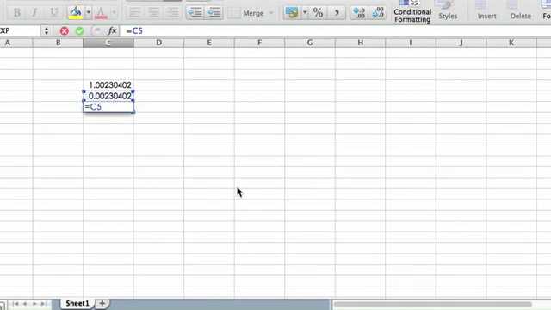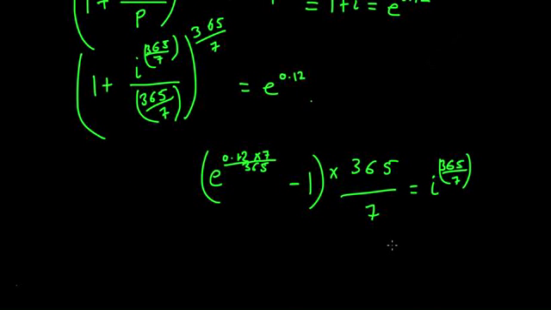That's our number, 12.01. Yep, 12.01%. So we can say that i equals 0.1201, which also equals 12.01%.